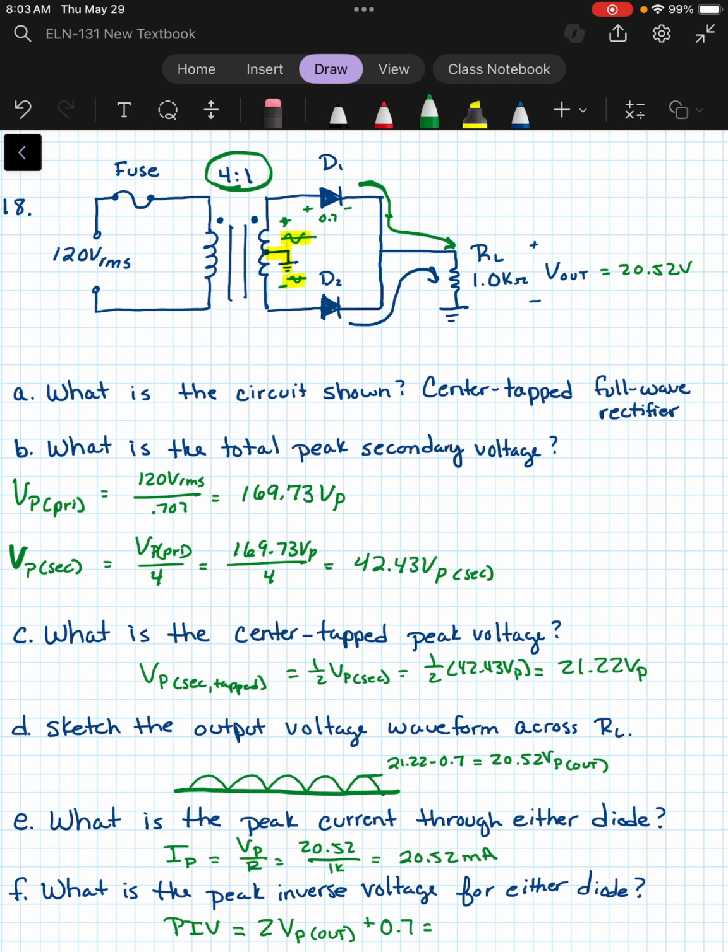And you can use Kirchhoff's voltage law to kind of figure that out. But we've got 2 times 20.52 volts peak plus 0.7. So our peak inverse voltage needs to be at least 41.73 volts. So we would look on the data sheet for the diode for that. And those are the practice problems.